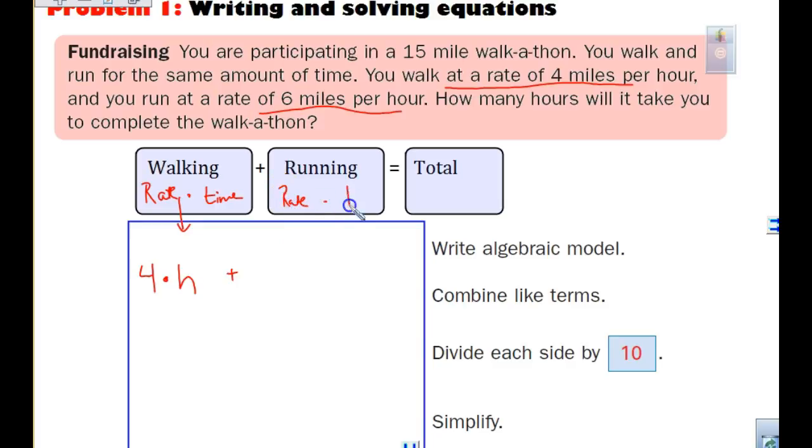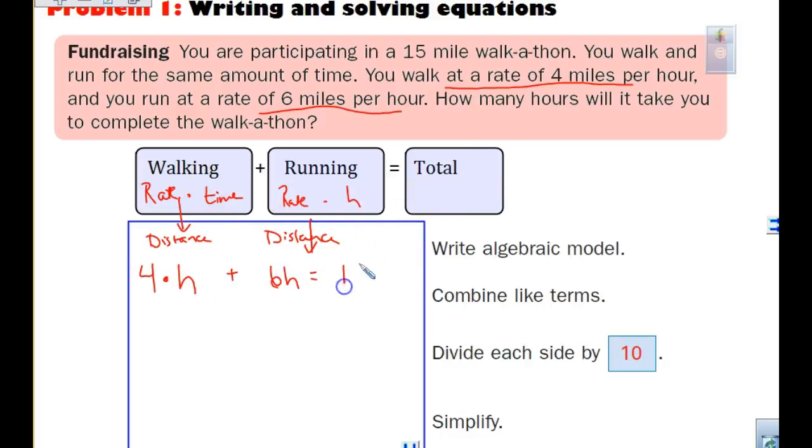And what we know is that we had a 15-mile walk-a-thon. So this is like our distance that we walk. This is the distance we run. Because rate times time gives us distance. And our total distance we know was 15, and in this case our distance was in miles.